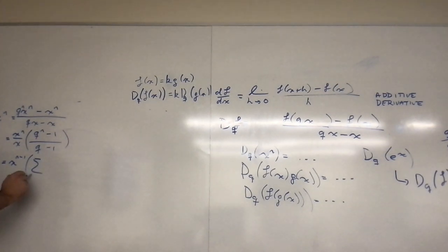So this is actually the sum from i equals 1 to n minus 1 of q to the i, which is exactly what you wanted.